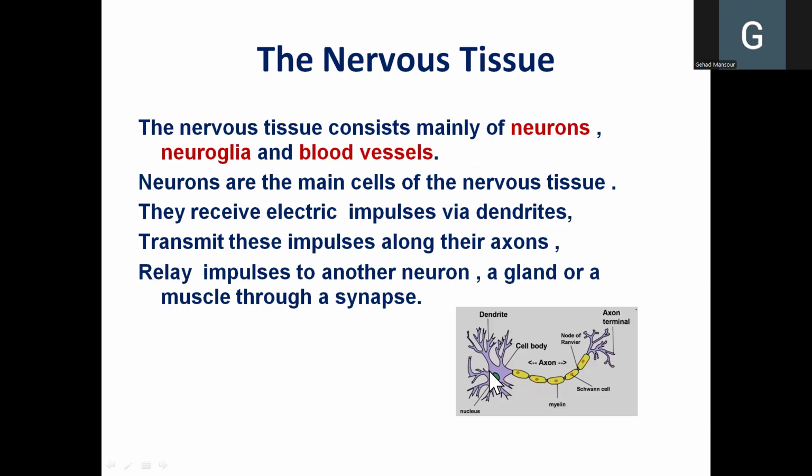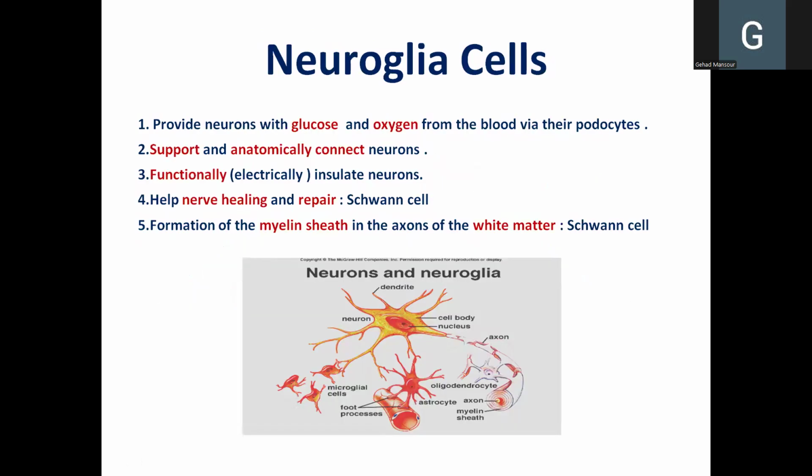We previously talked about the functions of the neurons. They receive impulses through dendrites. The axon transmits the impulses, and then they synapse with another neuron or a gland or a muscle. And the synapse between a neuron and a muscle is called the myoneural junction.